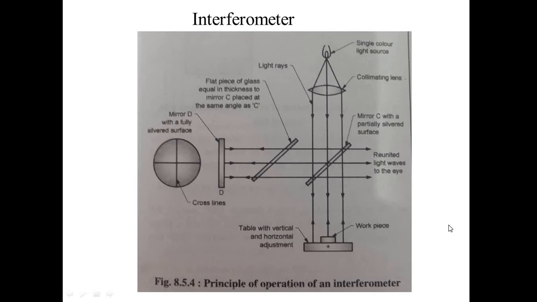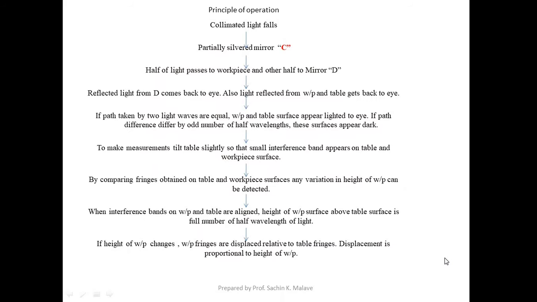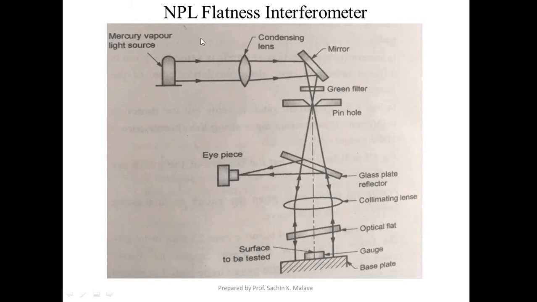Then we discussed the interferometer, the principle of working of the interferometer, its various parts, and how to check the flatness using the interferometer. So this is an NPL flatness interferometer.